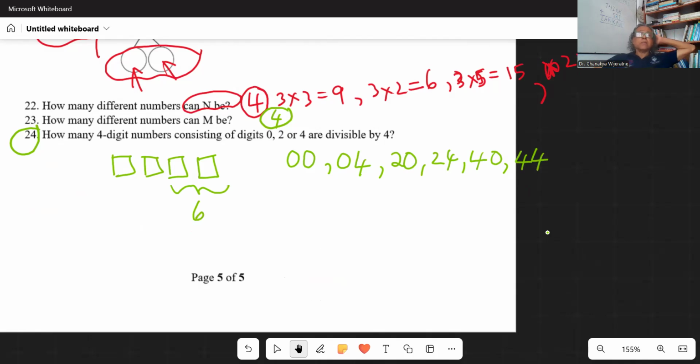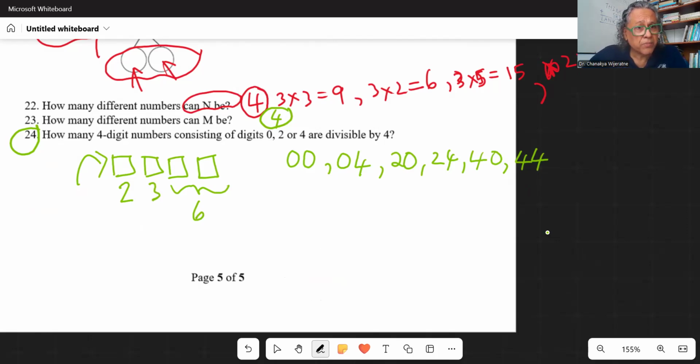So these 2 digits can be any one of those 6. If any one of those 6, then it is divisible by 4. It doesn't matter what is in the thousands place and the hundreds place. The thousands place can be 0, 2 or 4, but can't be 0, so 2 choices. And the hundreds place can be any one of those 3.